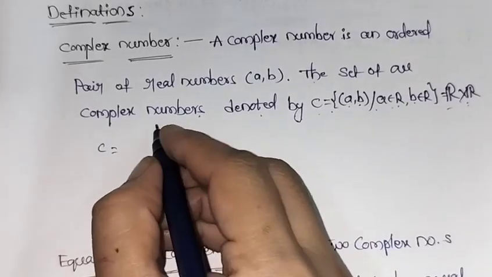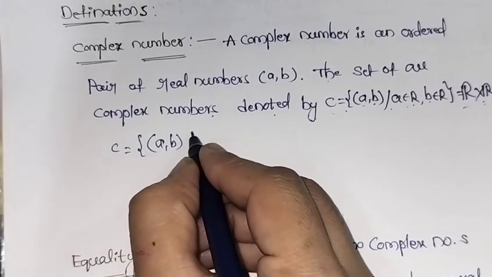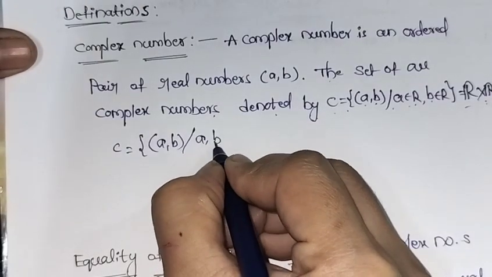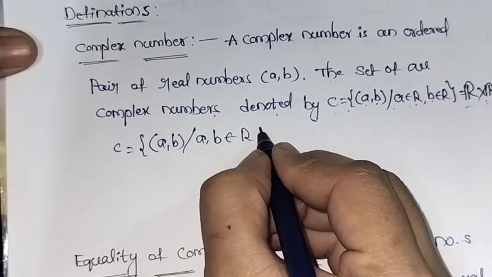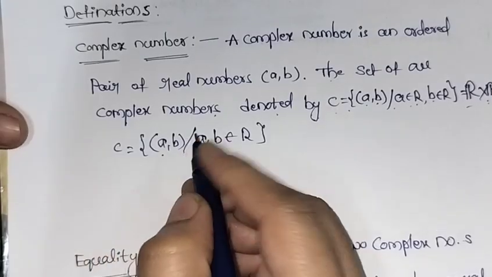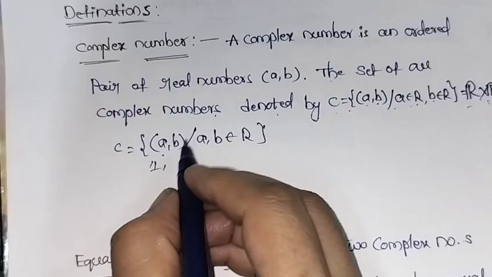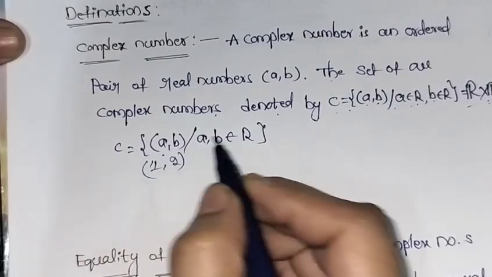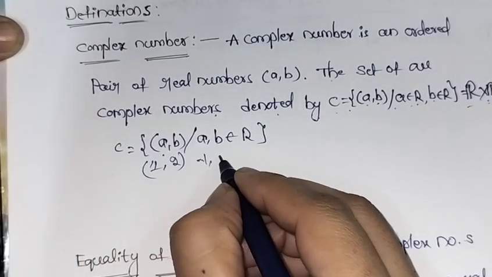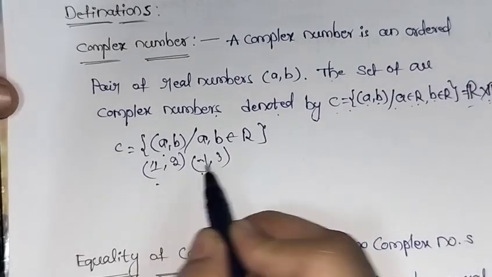In place of a you can take any real number, in place of b you can take any real number, for example 2 comma minus 1, 3. So this is a complex number.